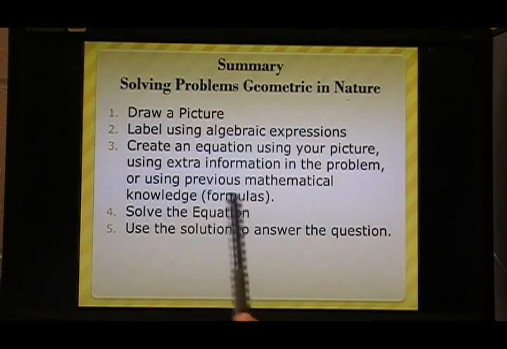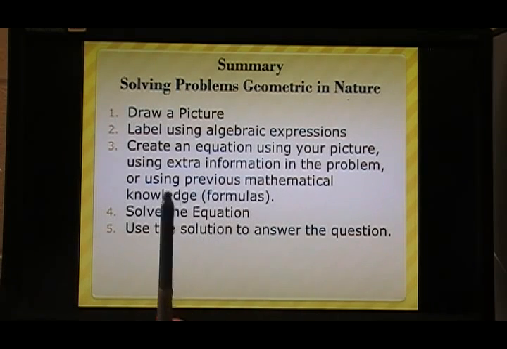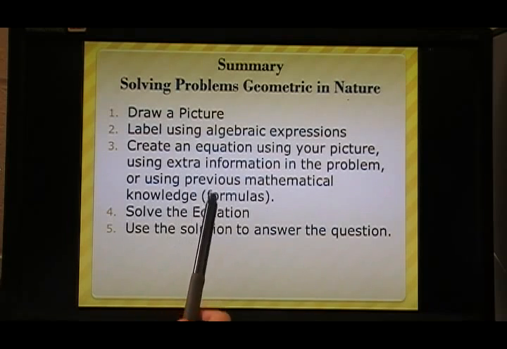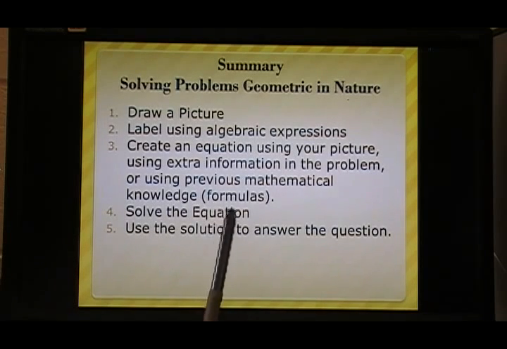You're going to have to pull from some of your formulas to be able to get through this. Then once you have an equation, you want to solve it, and once you have the solution, you need to say, okay, what did I just find? And then you want to take whatever you just found and use that solution to answer the question that was asked. So you're going to have to think, and you're going to have to work your way through it.